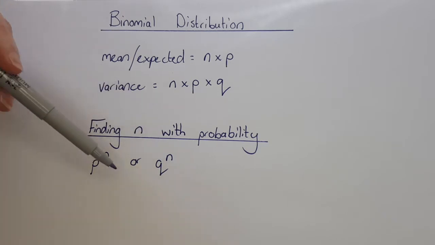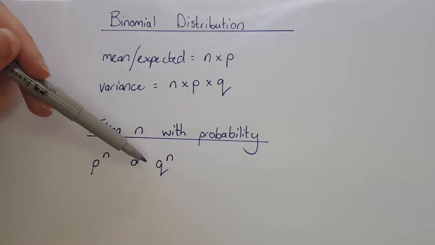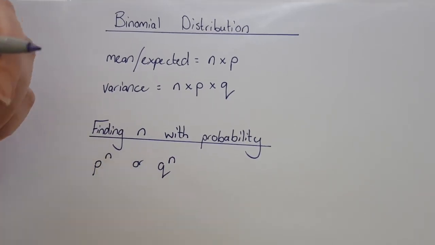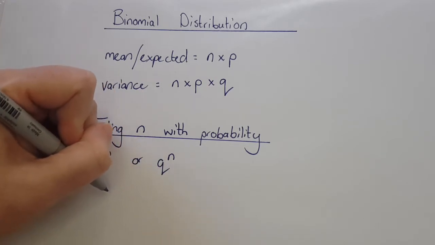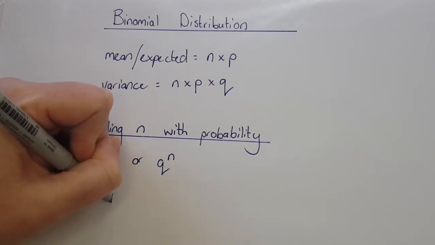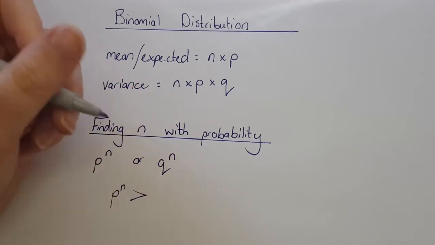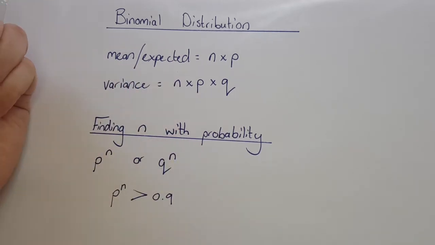So when I have a finding n situation like that, I can always use this formula to find it, because I will be given a probability. I could be using either p or q, and I would have that to the power of n, and I would say that it's greater than or less than, depending on the probability that I'm given.